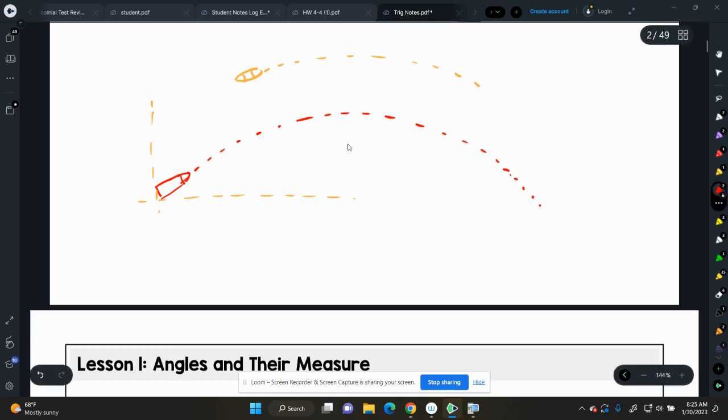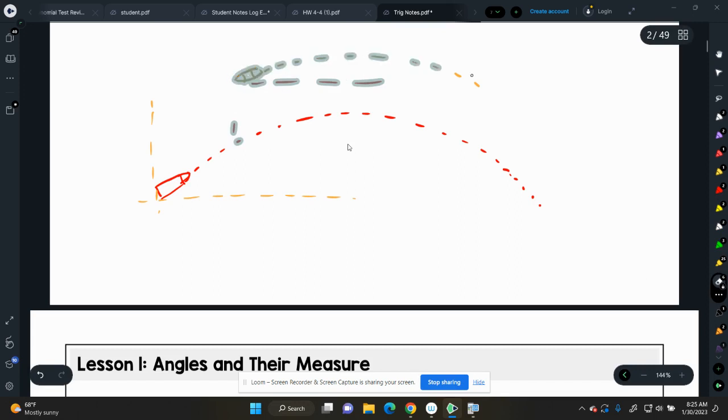A projectile has a horizontal component and a vertical component. If you're talking about a soccer ball, a baseball, all of this is trigonometry. The path that a plane is taking, or the bearing that an airplane is taking, that's trigonometry.